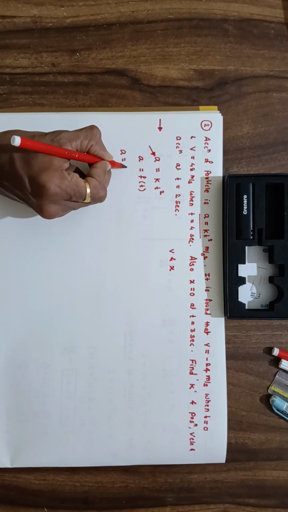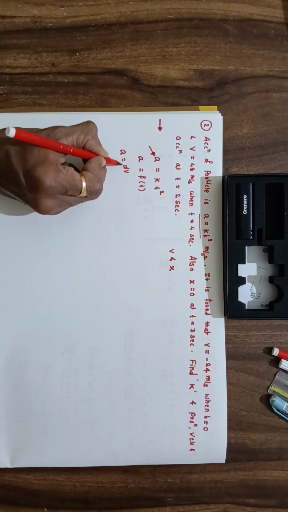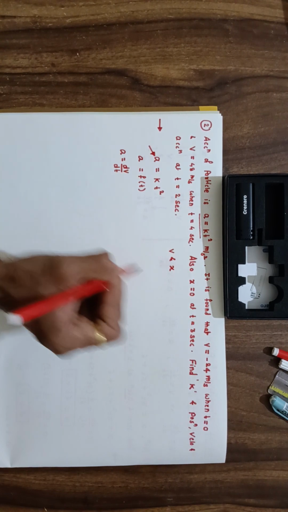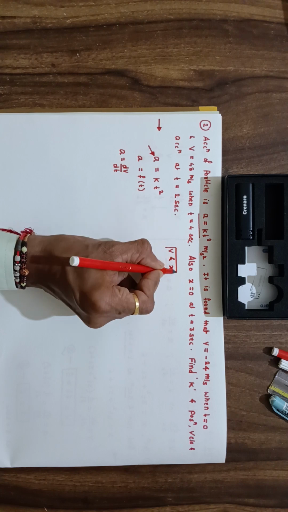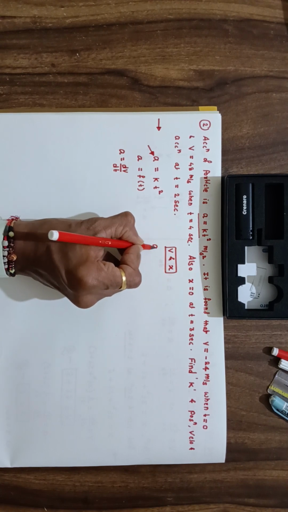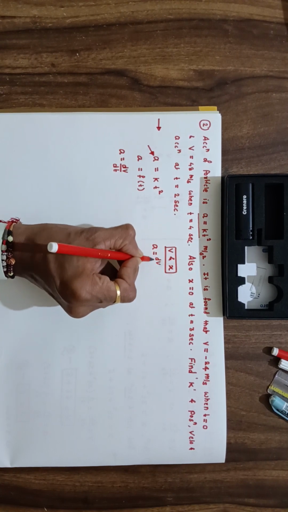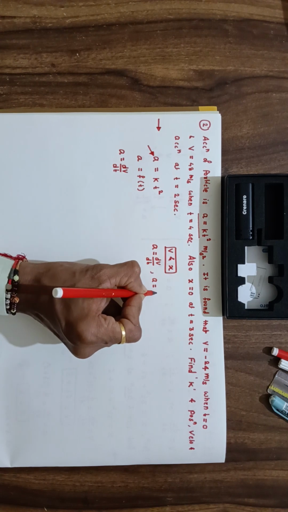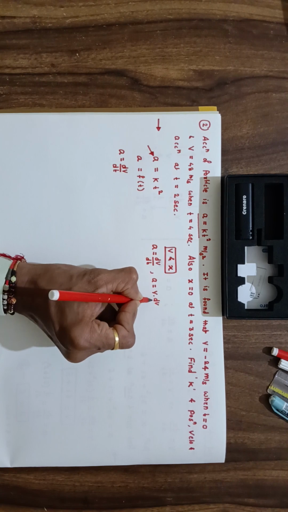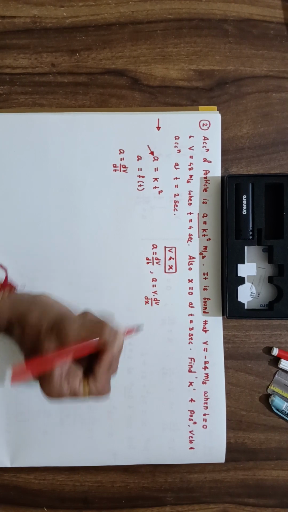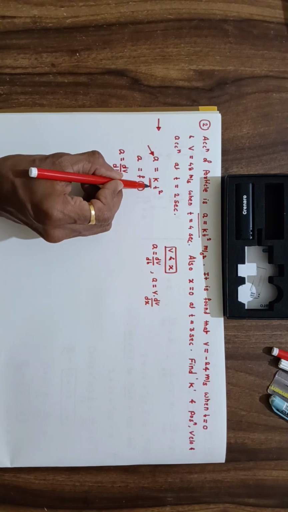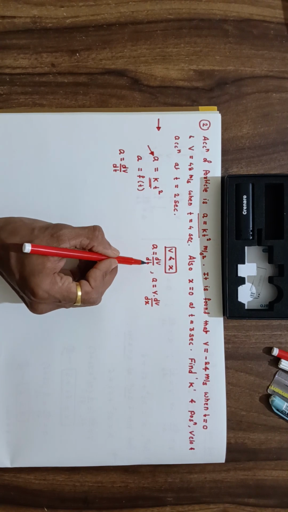a equal to, we have the equation, it is dv by dt. Okay, so basically we have two equations. The first equation a equal to dv by dt and the second equation for a is v into dv upon dx. Okay, so whenever acceleration is given as a function of time, use this equation a equal to dv by dt.